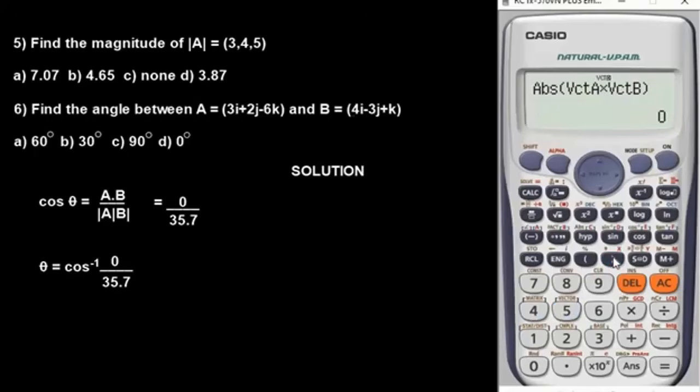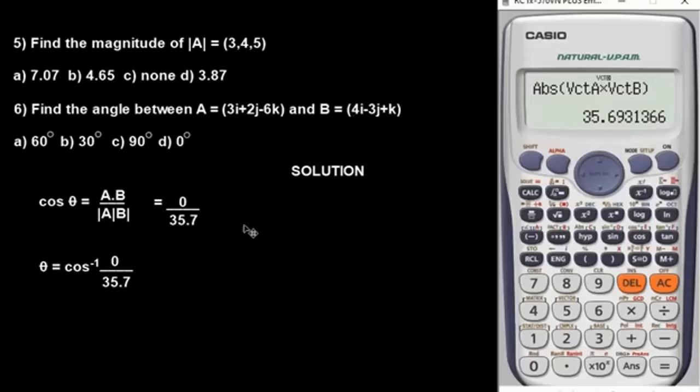So let's press equals and see what we will get as an answer. 35.69. So when you approximate this 9, it will give you 35.7. So that's what I have here is correct.